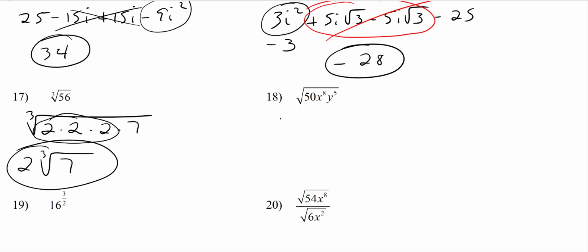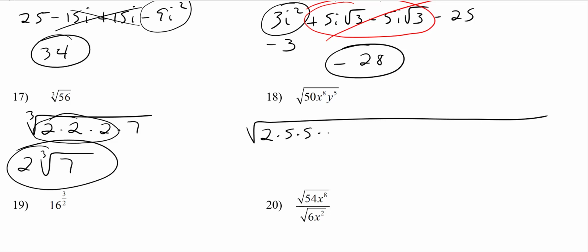Okay, this is just a square root, so I'm going to break this up as much as I can. 50 divided by 2 is 25. 25 is 5 and 5. And x to the 8th, I'm going to write it out as 1, 2, 3, 4, 5, 6, 7, 8. And y to the 5th is 1, 2, 3, 4, 5.